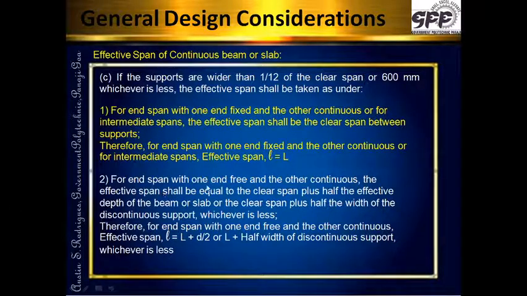So for end span with one end free and the other continuous, the effective span shall be equal to clear span plus half the effective depth of the beam or the slab, or clear span plus half the width of the discontinuous support, the support which is not continuing, whichever is less. So this is for the last span only.